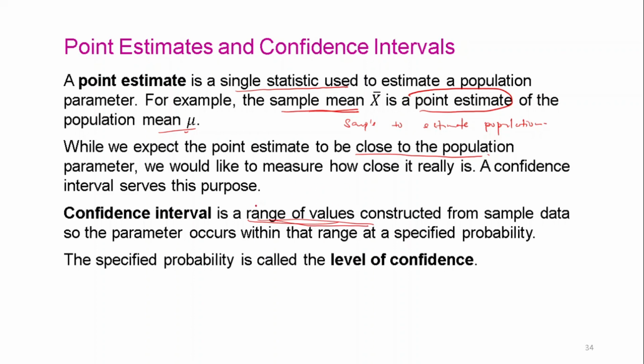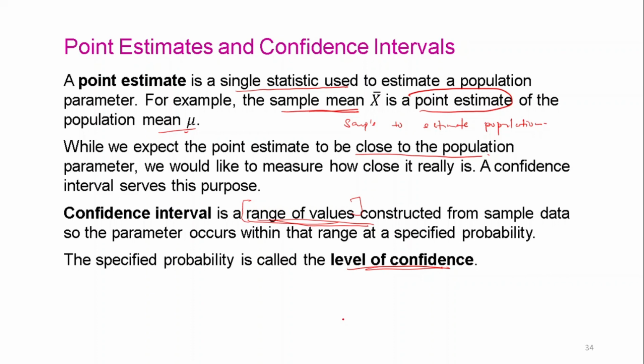We will calculate the values, and the specific probability is called the level of confidence. Basically, researchers select different samples randomly from the same population and then compute a confidence interval for each sample to see how it may represent the true value of the population variable.